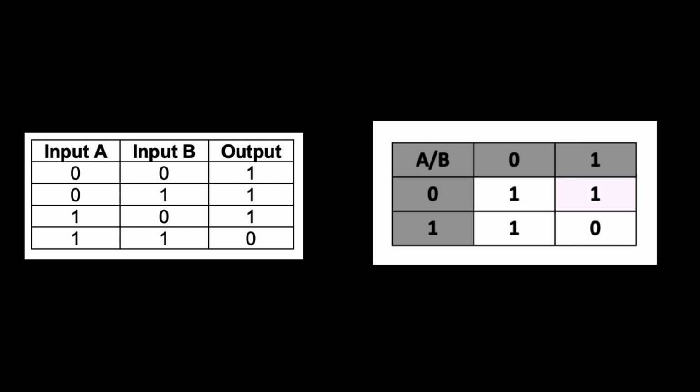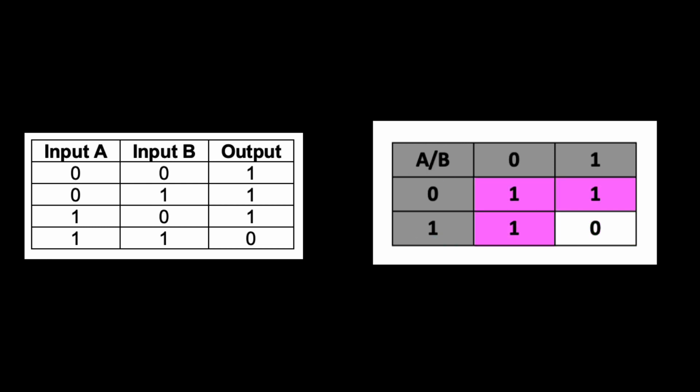The cell on the far right of the middle row represents the output when input A is 0 and input B is 1. The cell in the center of the bottom row represents the output when input A is 1 and input B is 0. Finally, the cell in the bottom right represents the output when both inputs A and B are 1.